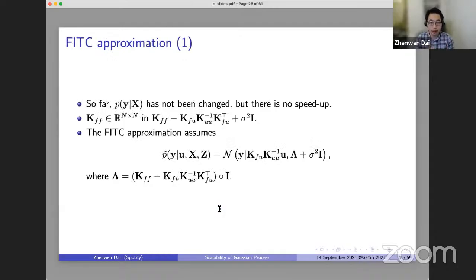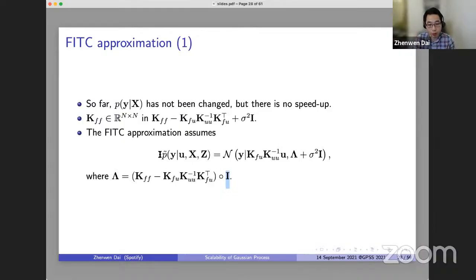In the FITC approximation, what people do is, instead of taking the full covariance matrix, they only take the diagonal entries. Let's indicate this circle as element-wise multiplication, so that we multiply this covariance matrix with an identity matrix, which results in taking only the diagonal entries.